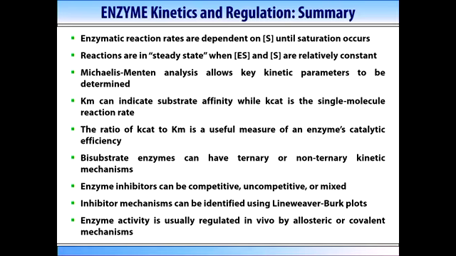Enzymatic reactions that involve more than one substrate, which are more common, have ternary or no ternary complex formation, and that can be determined through the kinetic mechanism. By obtaining those double reciprocal plots, scientists can determine which mechanism they undergo.